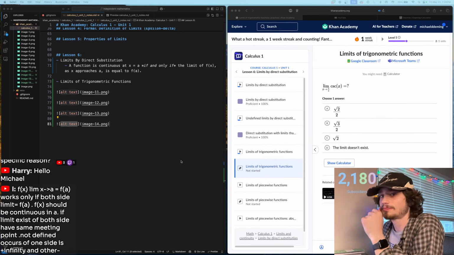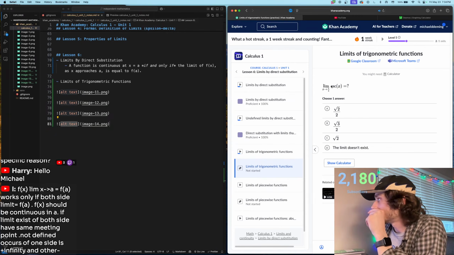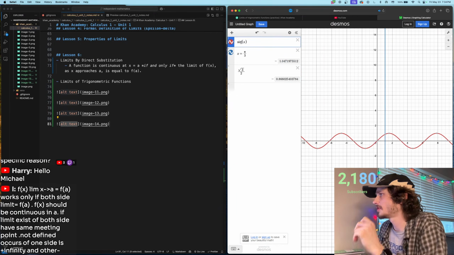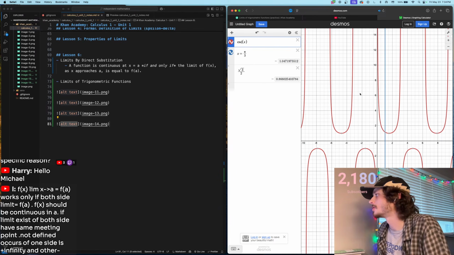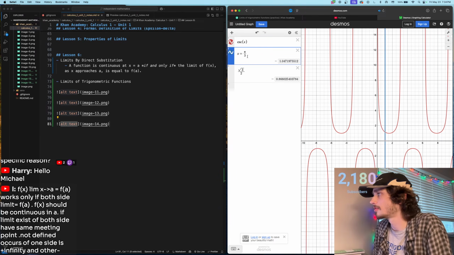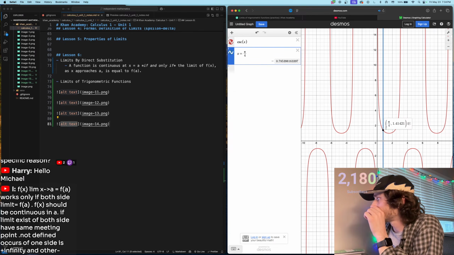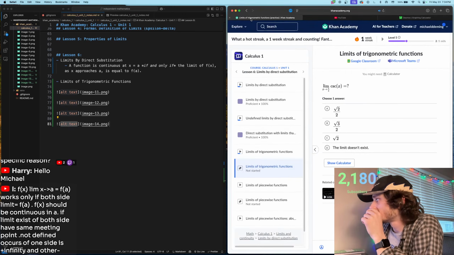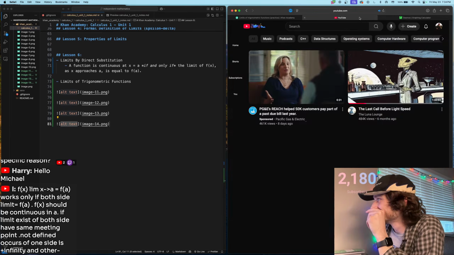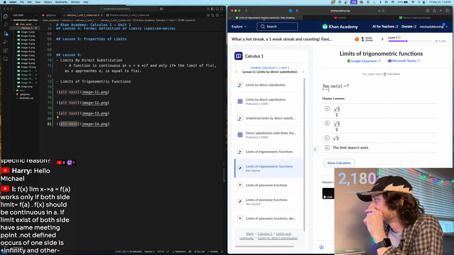Okay. Cosecant of x is pi over 4. So if you look up cosecant pi over 4, it is defined, 1.4. So it's not that. We did that one last time.